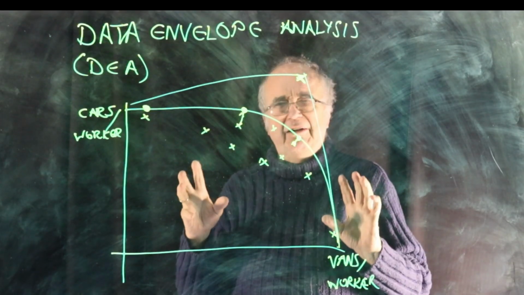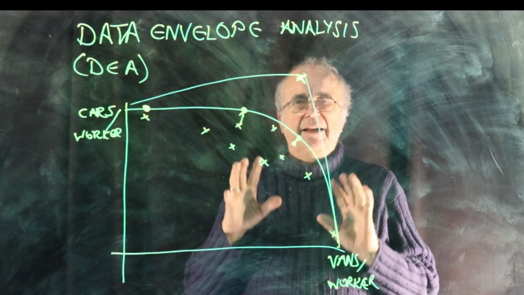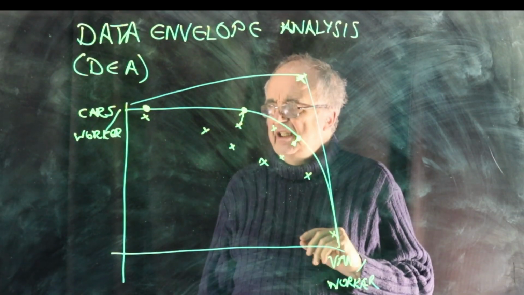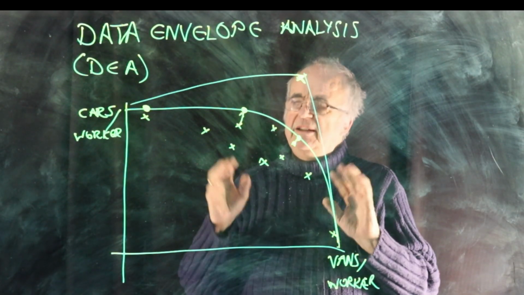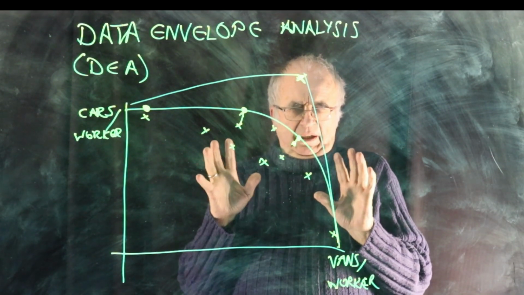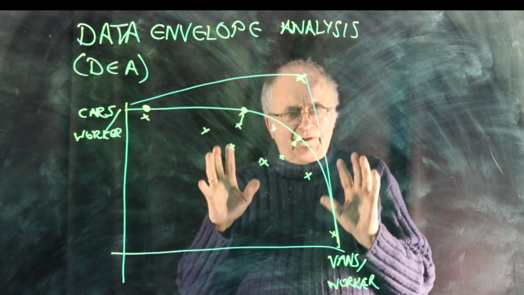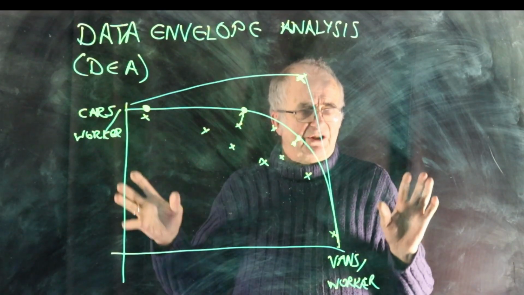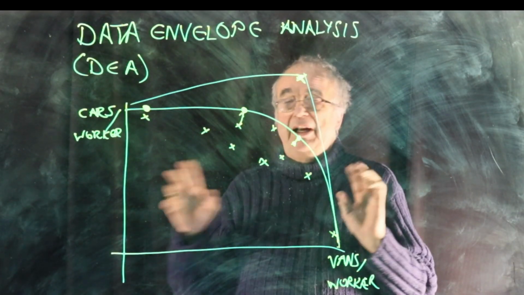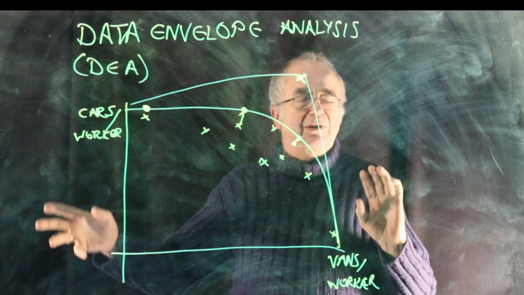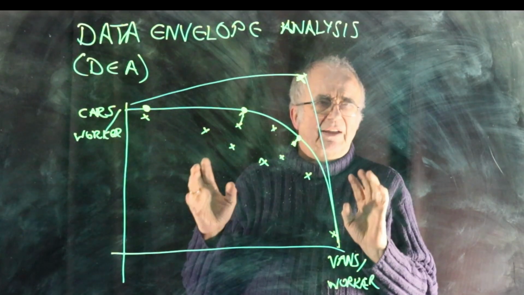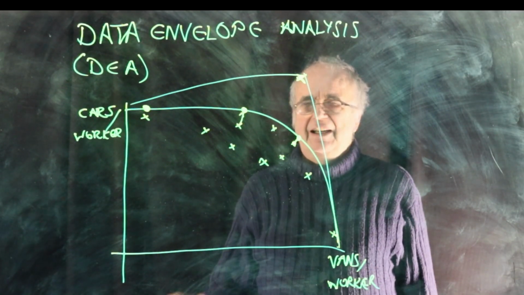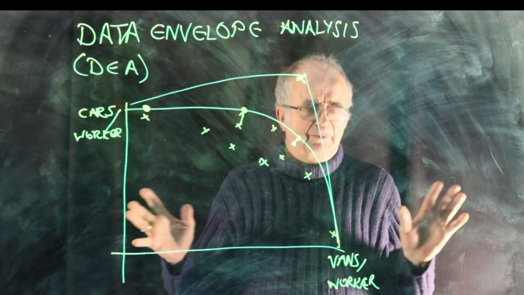And in fact you can carry on doing that more and more. You can add dimensions notionally, mathematically, and if you carry on doing that long enough, what you discover is that if you have a dimension for every supermarket that you're comparing, or a dimension for every factory that you're comparing, then all you discover is that every factory is different, every supermarket is different, and there's no possible comparisons.